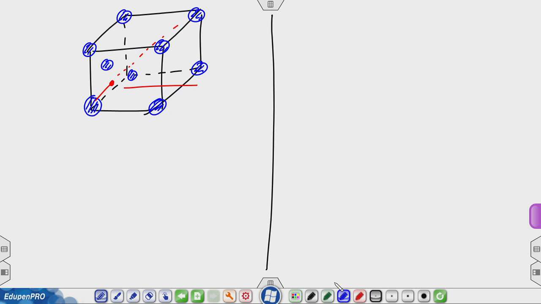There is one right here. So, this red ion has these 4 nearest neighbors at the tetrahedral site, and these are the nearest neighbors.